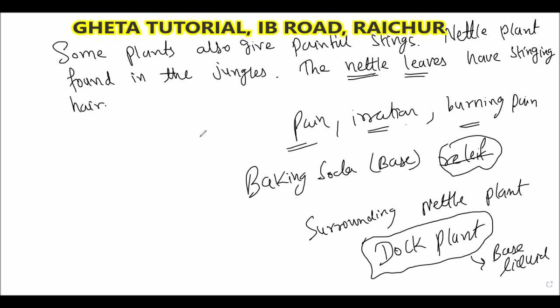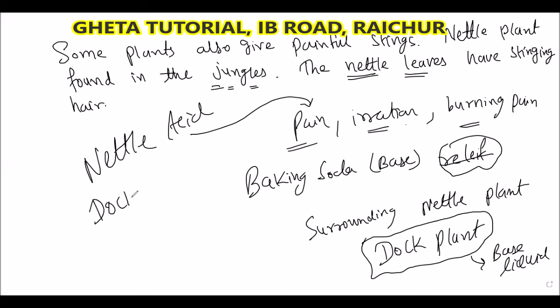In the jungle you will not carry baking soda. But there will be two plants available, the nettle plant and the dock plant. The nettle plant injects acid on your skin so that you get the pain. The dock plant has a mild base liquid.